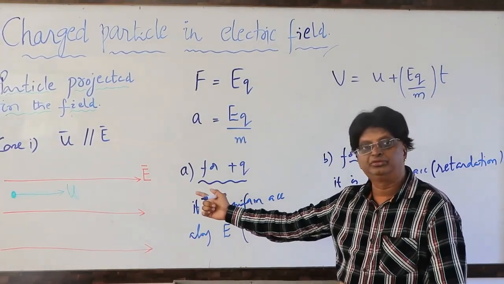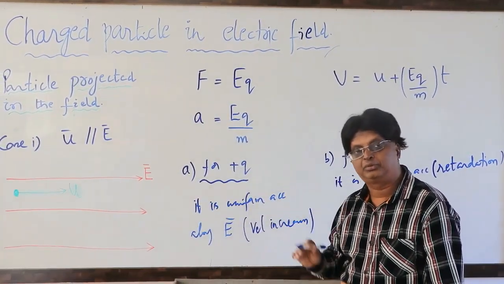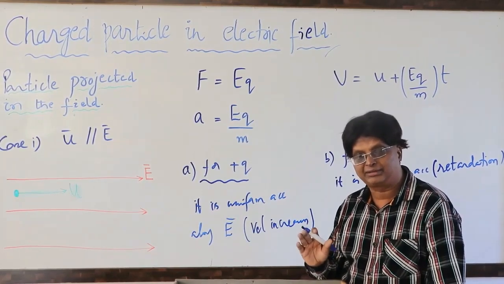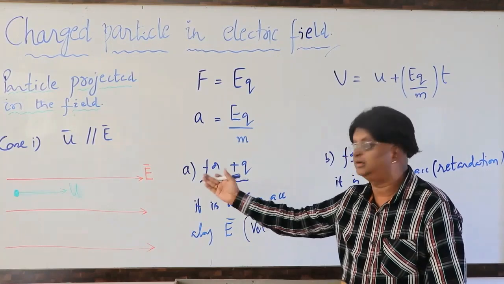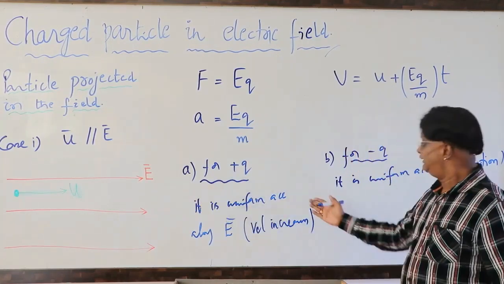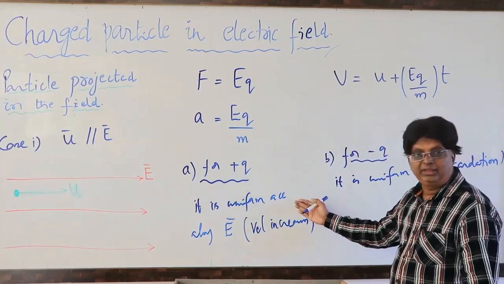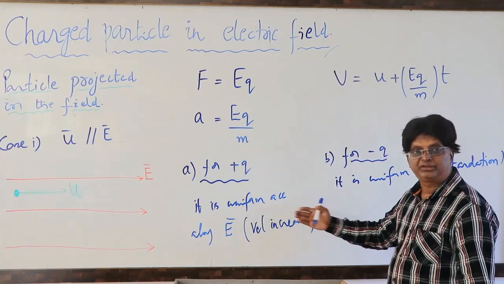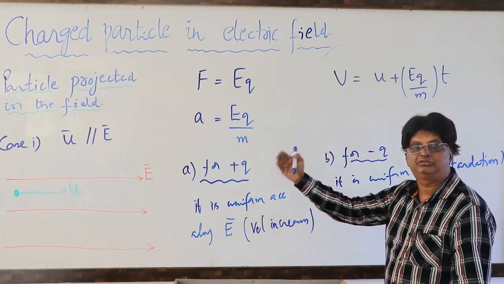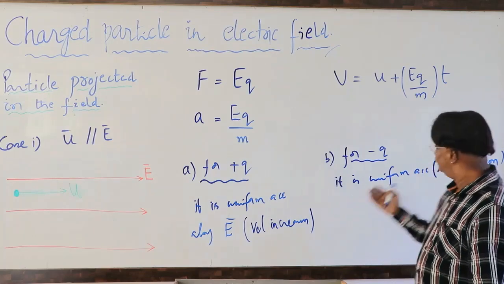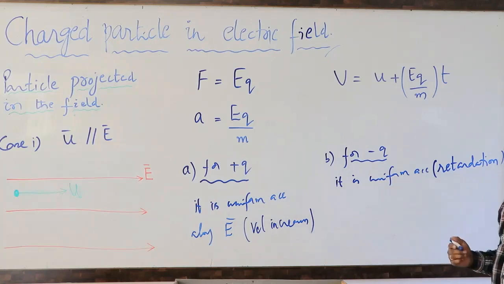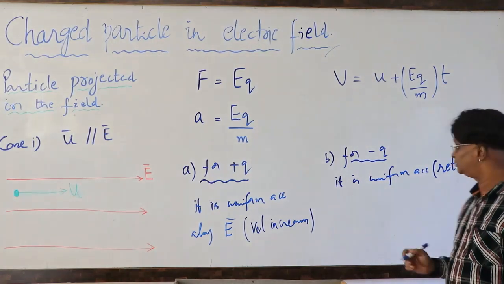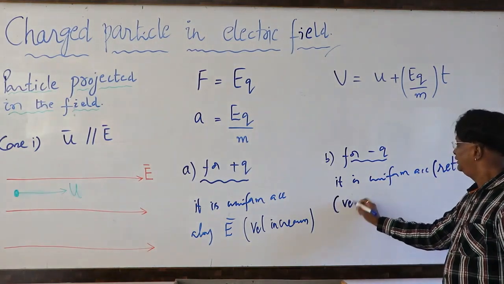See, there I have shown this u bar vector towards your right hand side, and now the force or acceleration is towards your left hand side. That force is opposing the motion of the charged particle. Here what do you understand? The force is supporting the motion and hence velocity gradually increases. Whereas here the uniform acceleration is retardation and therefore the velocity gradually decreases.